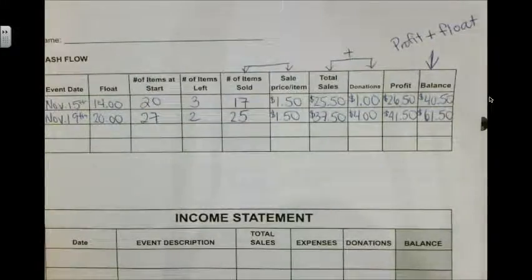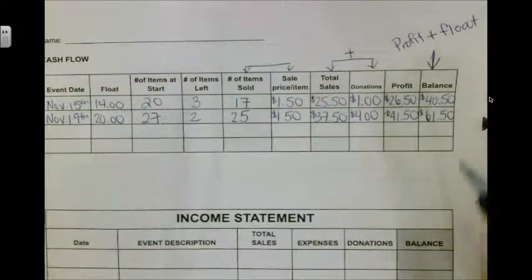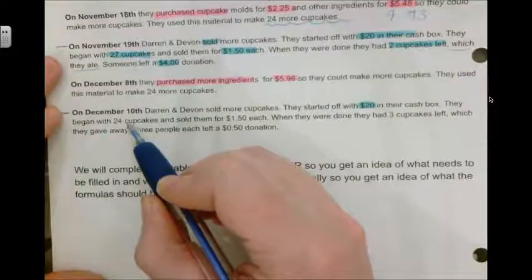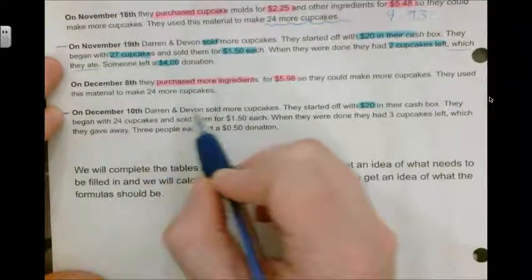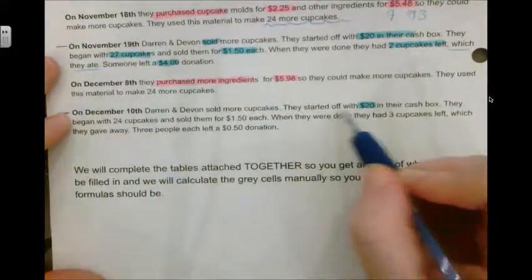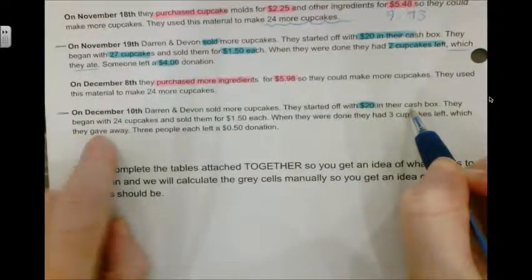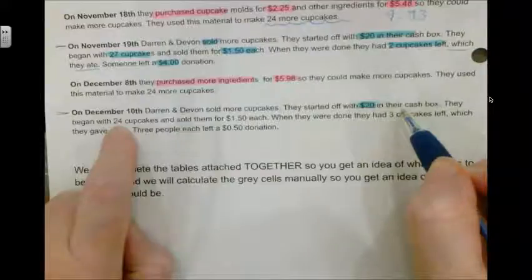So the third night that they sell, we'll go back to our other paper. The third time, it says on December 10th, Darren and Devin sold more cupcakes. They start off with $20 in their cash box, again that time. They begin with 24 cupcakes, again for $1.50 each.